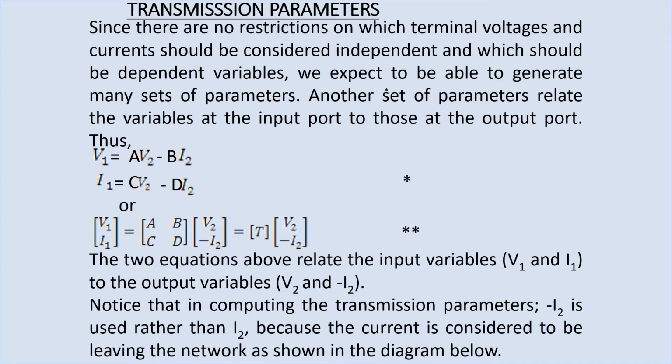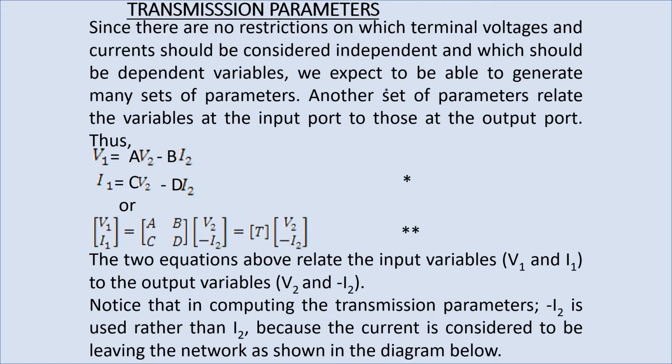In matrix form, we have the 2 by 1 matrix of V1 and I1 equals the 2 by 2 matrix A B C D multiplied by the 2 by 1 matrix of V2 and minus I2. And in short form, we have the matrix T multiplied by V2 and minus I2.